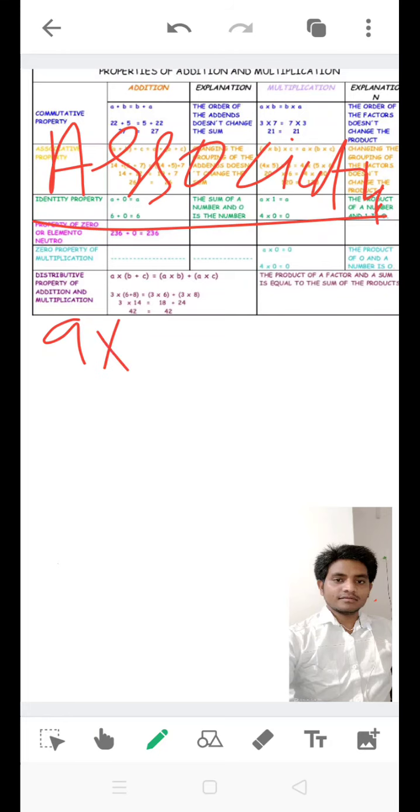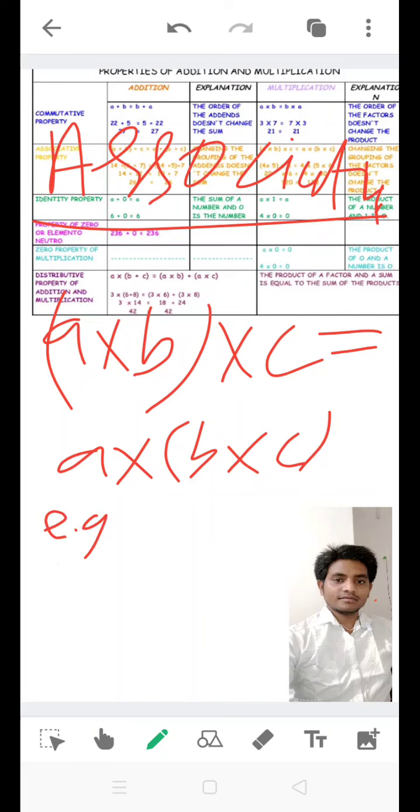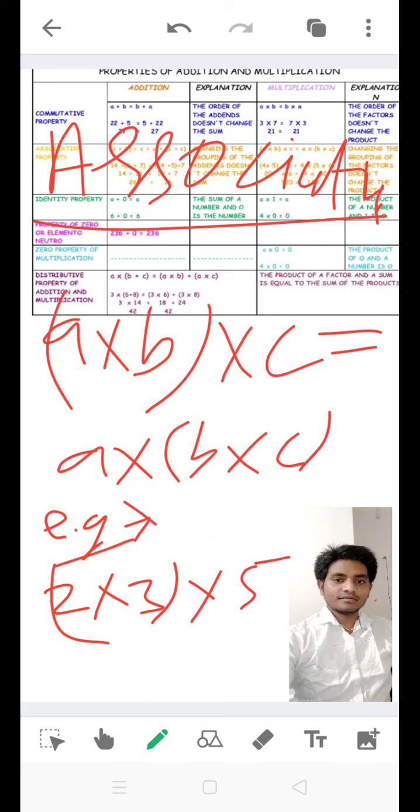A into B within bracket and out of bracket C. Third number is C. Then this equals A into B into C. Now an example: 2 into 3 into 5.